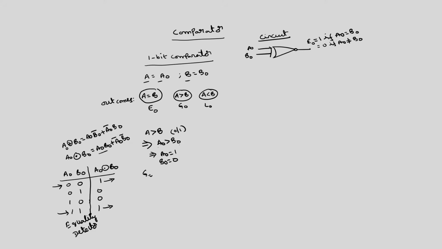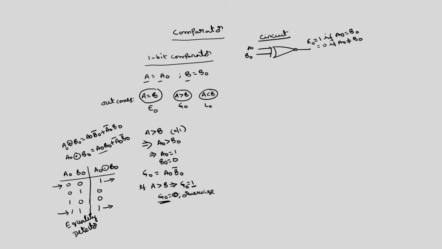So to get G0 equal to 1, this is equal to A0 B0 bar. If A is greater than B we will get G0 equal to 1, and G0 is equal to 0 otherwise. Whether equal or less than, G0 is 0. If A is greater than B, G is 1.